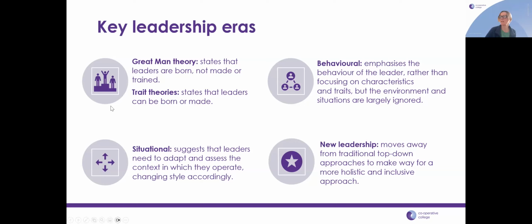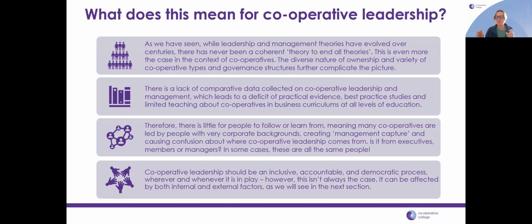So when we think about cooperatives, it's a much more complex picture, isn't it? There are so many different models and theories that we can probably draw into cooperative leadership and think, oh, this applies to this and that applies to that.